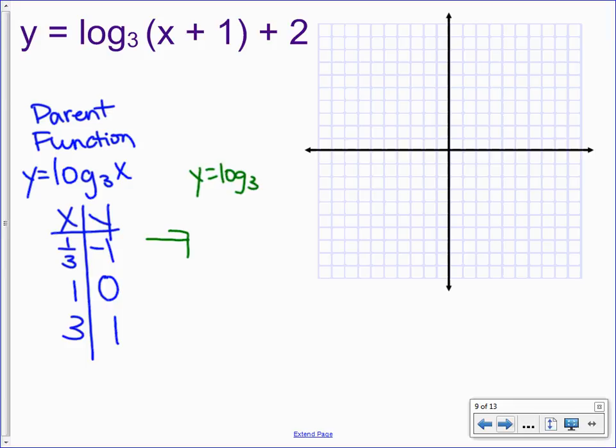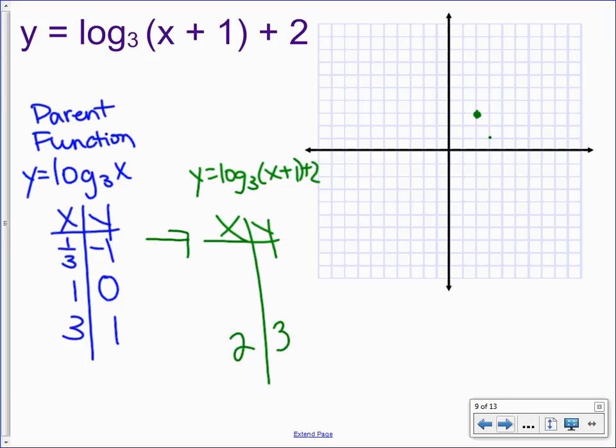Now, what are we going to do with those points to get log base 3 of x plus 1, plus 2? That x plus 1 is telling us to do what? Left 1. And then that plus 2 is telling us to go up 2. So let's start at the bottom. 1/3, negative 1. If we move left 1 and up 2, we're at the coordinate negative 2/3, 1.